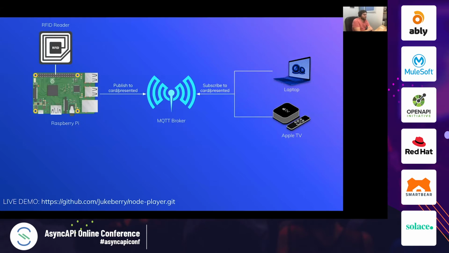Related to the jukebox, for instance, the Raspberry could produce an event describing that a card was read and publish it into a channel. That event might include information regarding the card, the Raspberry, the context, for example, at what time the event happened. A set of devices might be subscribed to that channel and react to that event by, I don't know, in this case, playing a song associated to the card.